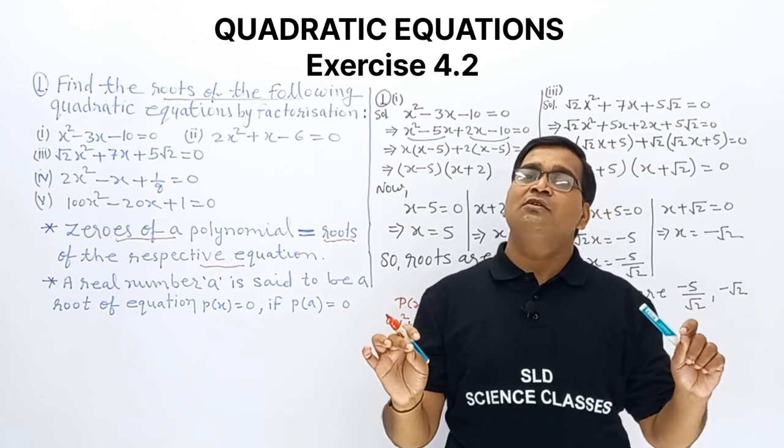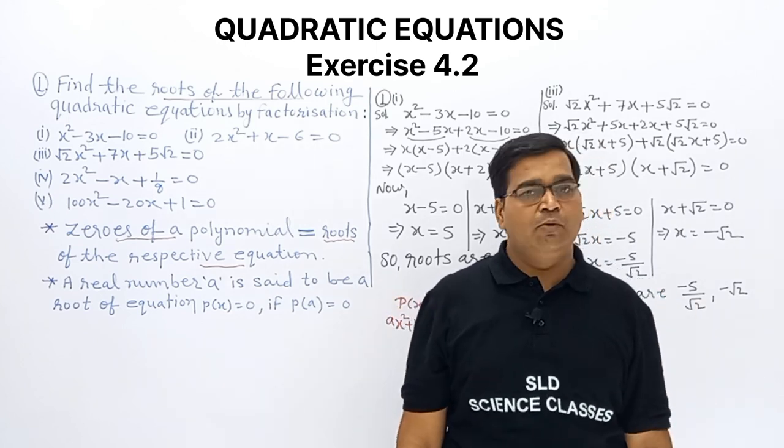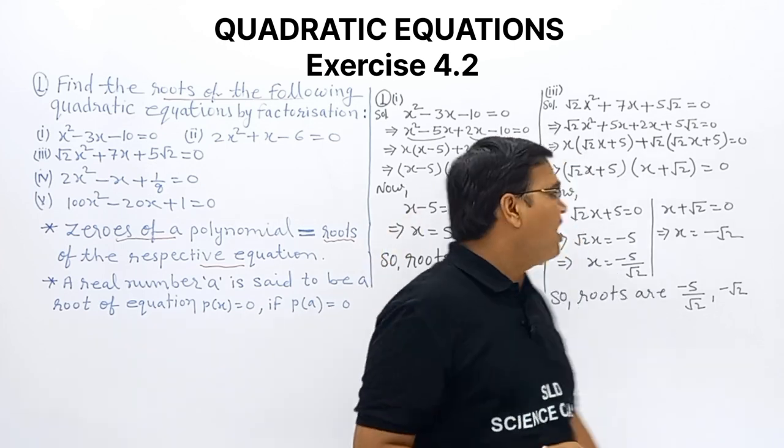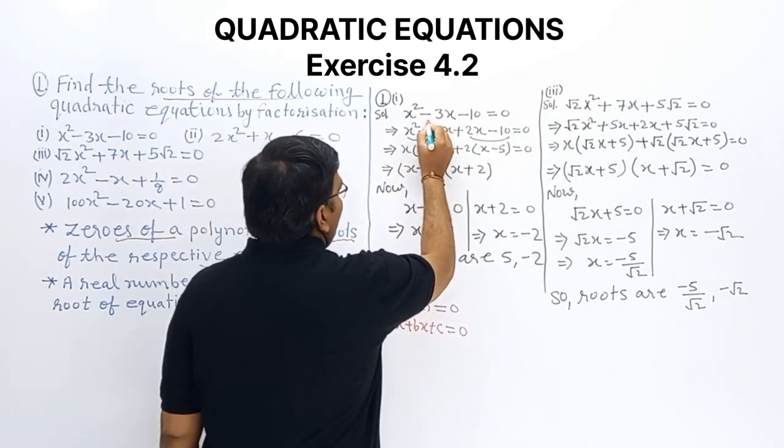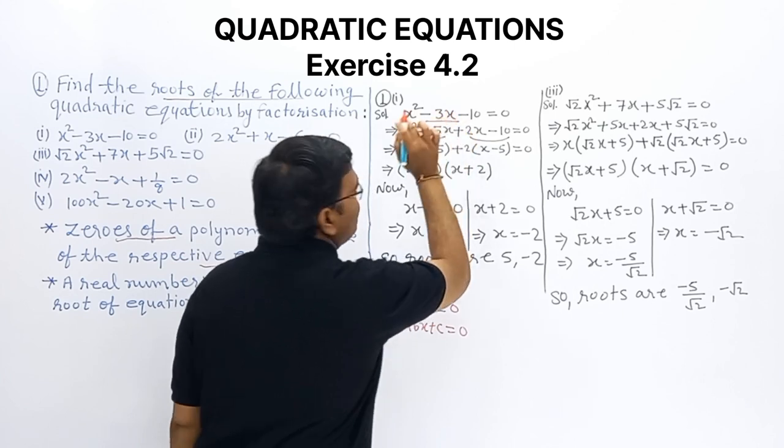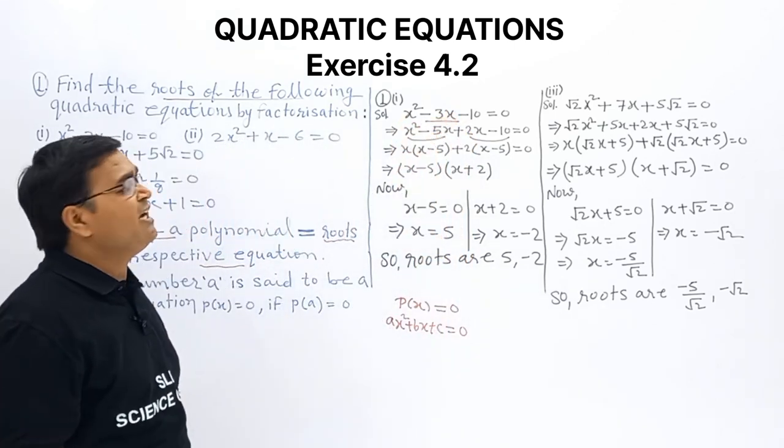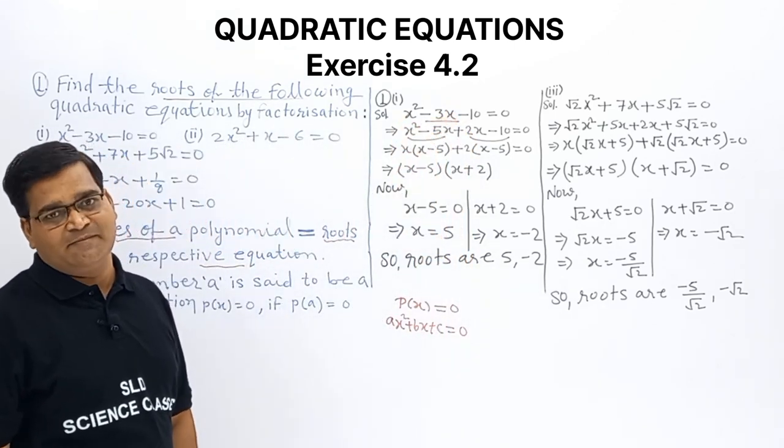Just as we factorize a polynomial normally, we will do it here. How? The middle term, the x term, will be split into two parts.